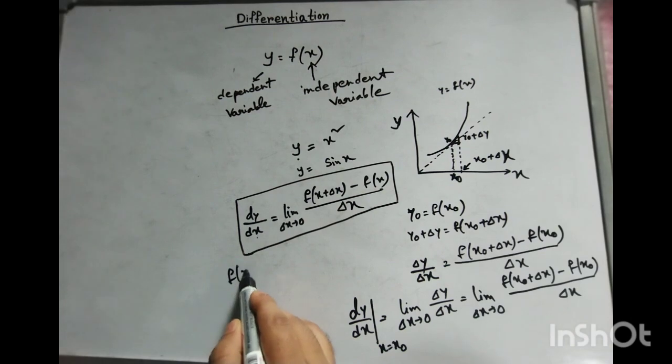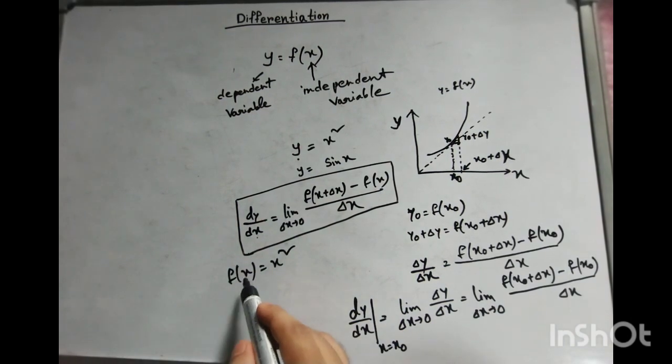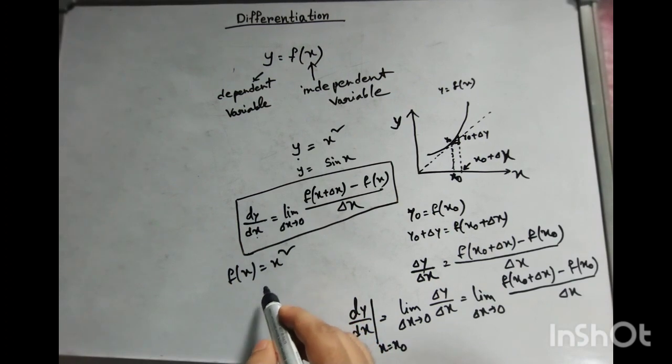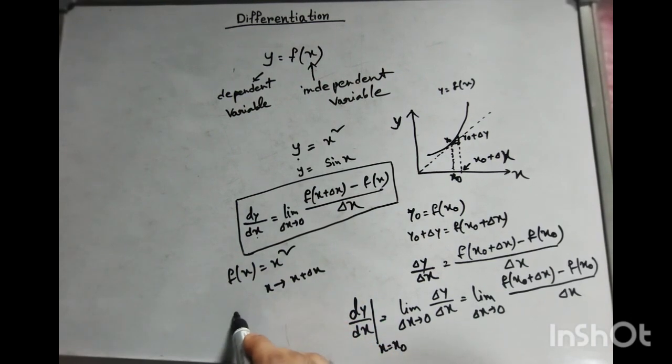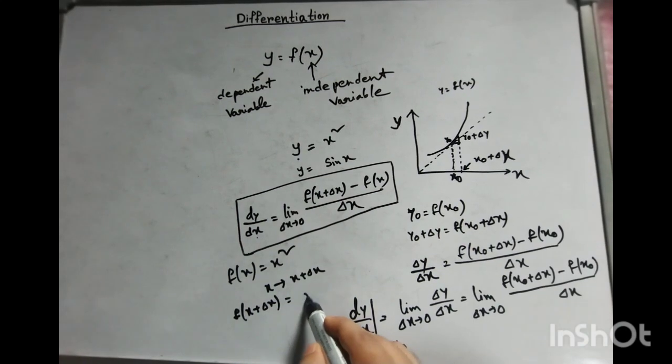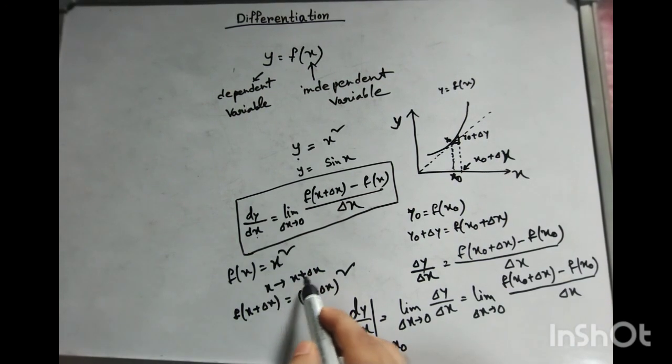Suppose f of x is x square. Okay, so if I change x as x plus delta x, then f of x plus delta x will be x plus delta x whole square, because in place of x we'll write x plus delta x.